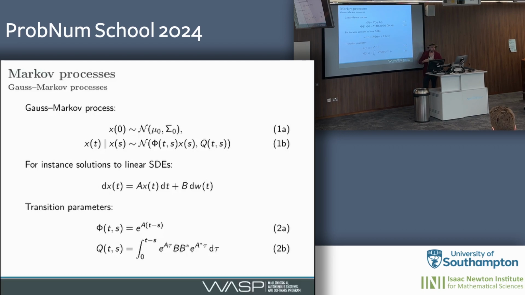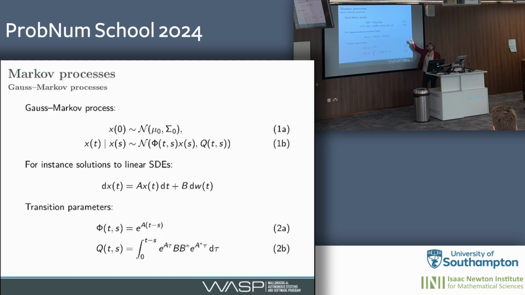These sorts of processes can be thought of as arising from linear stochastic differential equations. That's just saying that a little increment in x corresponds to A times x times a little increment in t plus B times a little increment in w, which is going to be a linear process.